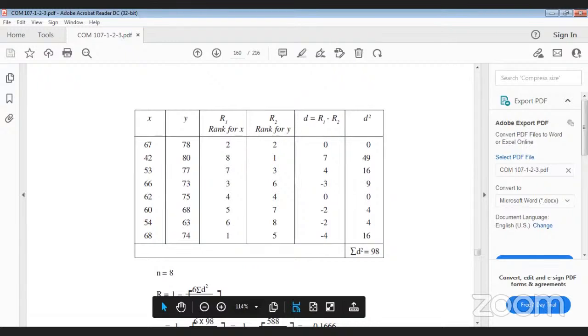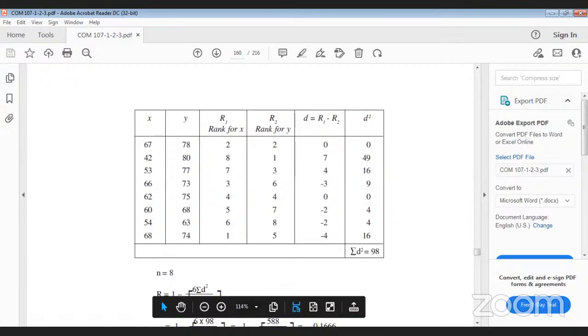Y: 78, 87, 73, 75, 74 here. In the third column, we have to give rank for the X here.